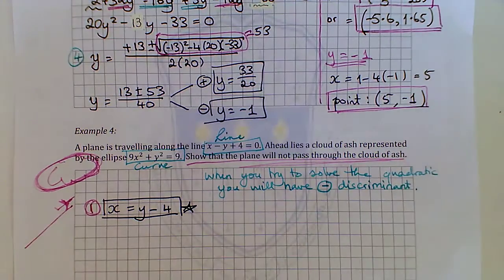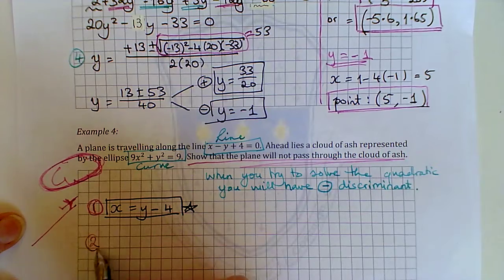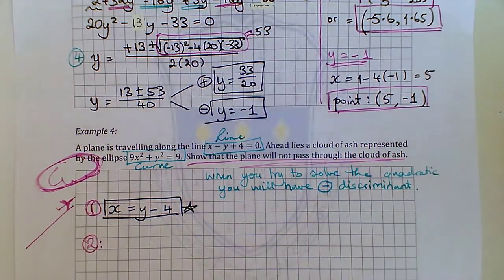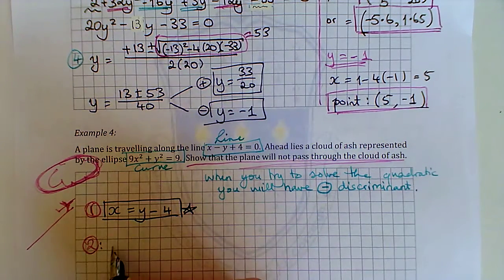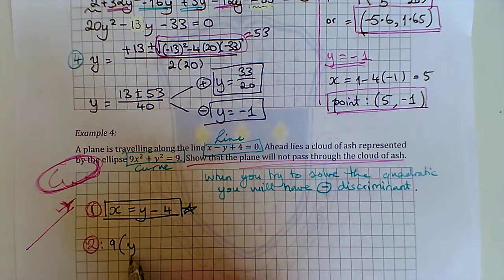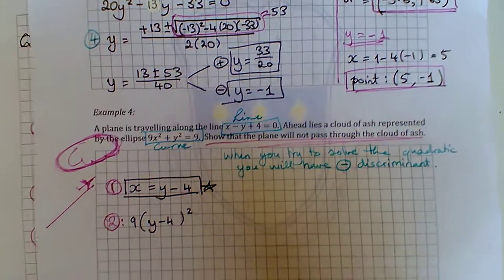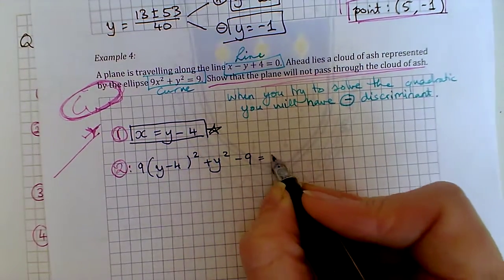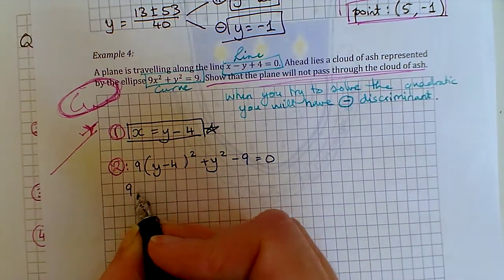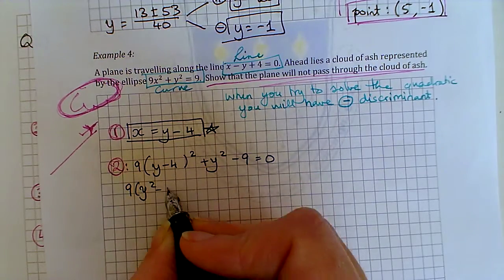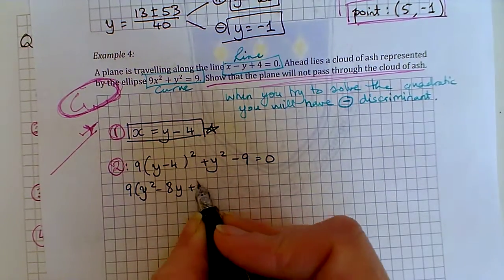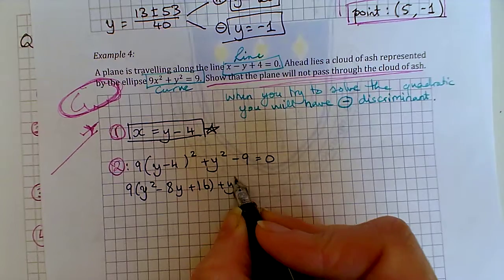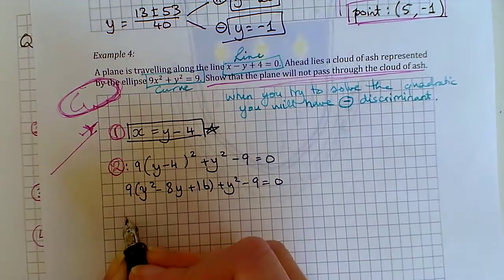Then I sub it into my ellipse equation here, my curve. So everywhere I have x, instead I'm going to have y minus 4, plus y squared, bring the 9 over, equal to 0. Square out the brackets: y squared minus 8y plus 16, plus y squared minus 9 equal to 0.